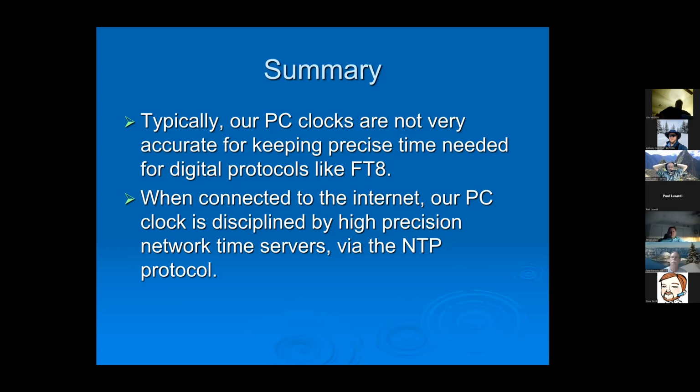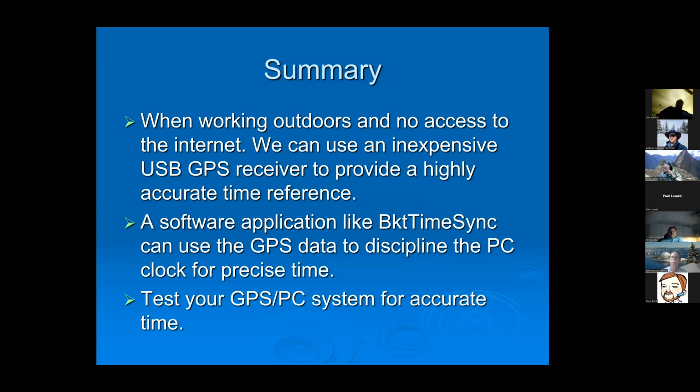So when connected to the internet, our PC is being disciplined by a high precision network time server via the NTP protocol. So that's our internet connection for it. Now, when we don't have internet connectivity and we're working outdoors and we don't have any access to the internet and we need high precision timing on our PC, the easy and inexpensive way of doing that is using a good old USB GPS receiver that provides a highly accurate time reference.